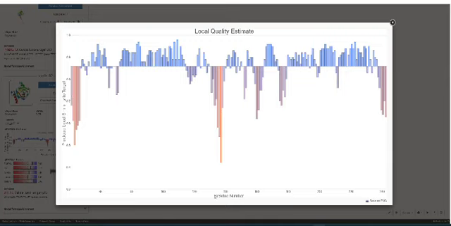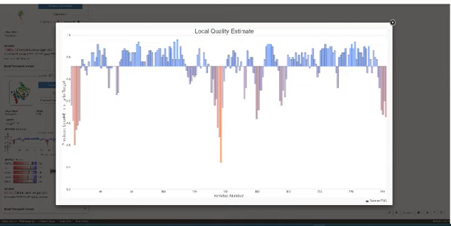Residue number is just the position of each amino acid in the protein, here 1 to 240. And this predicted local similarity to target shows how similar the predicted protein structure is to a non-template.